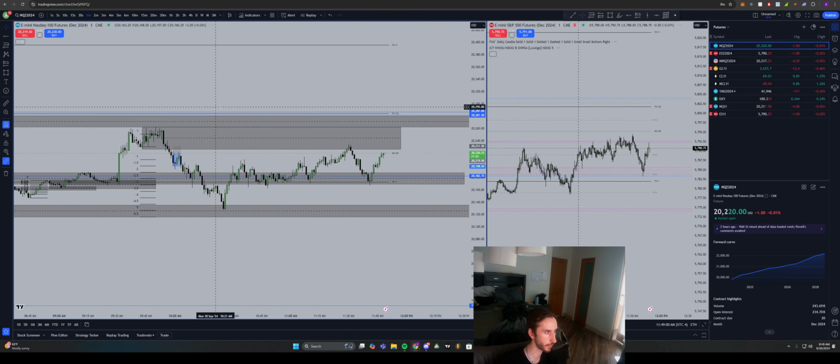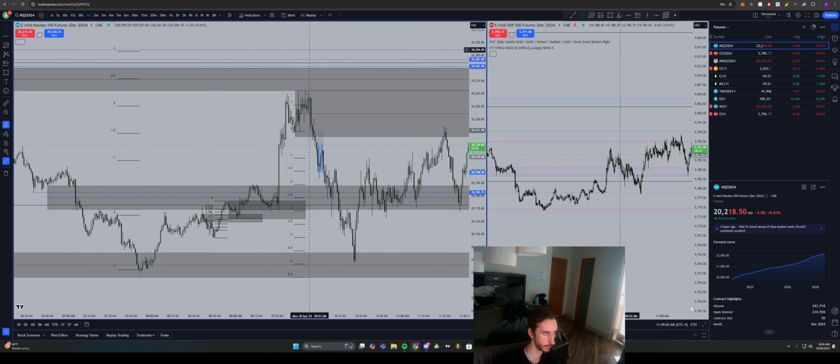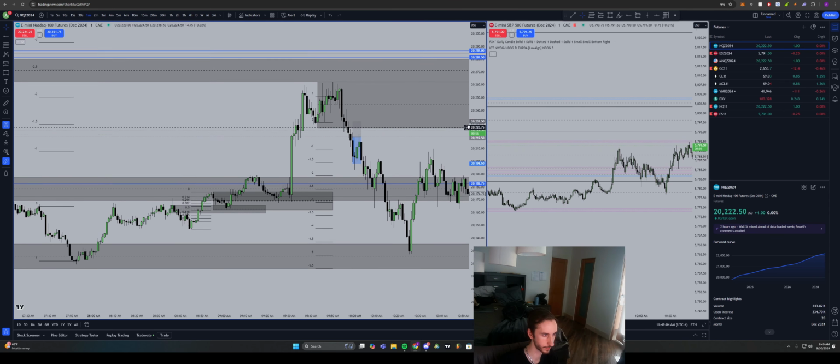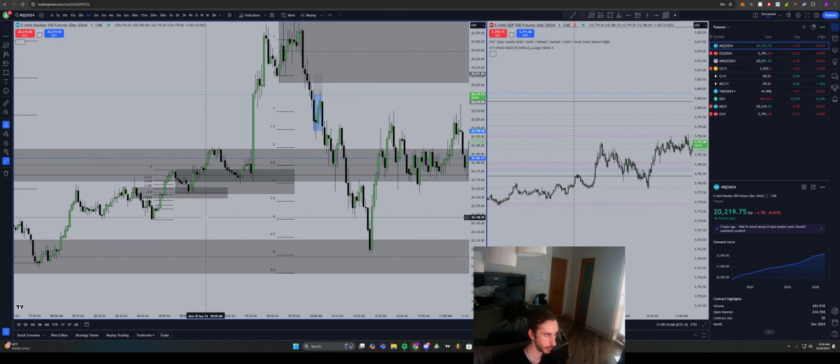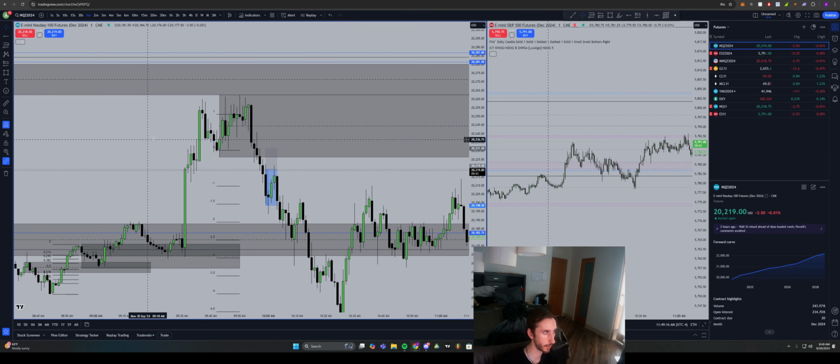fair value gap, as well as, you have the standard deviation for this, the standard deviation at -4 that lines up with the equal lows perfectly, right? And I'm marking this is how I do it most of the time.